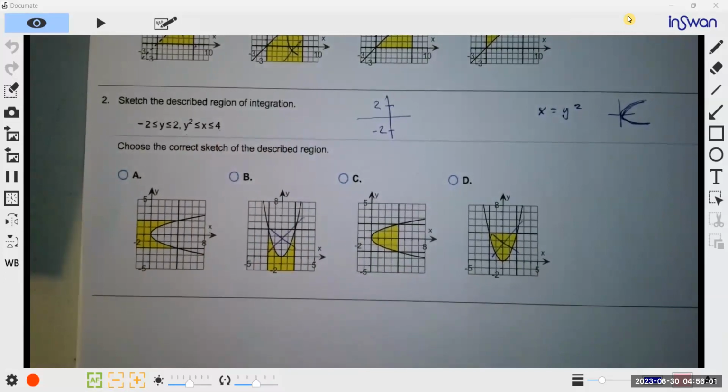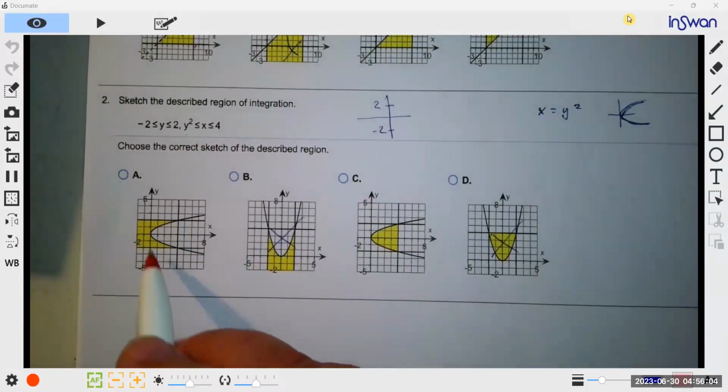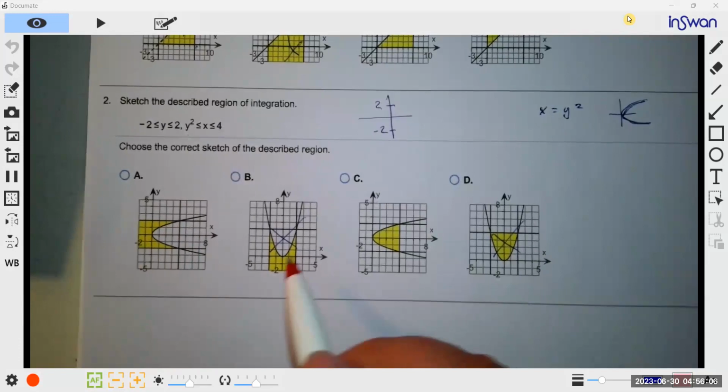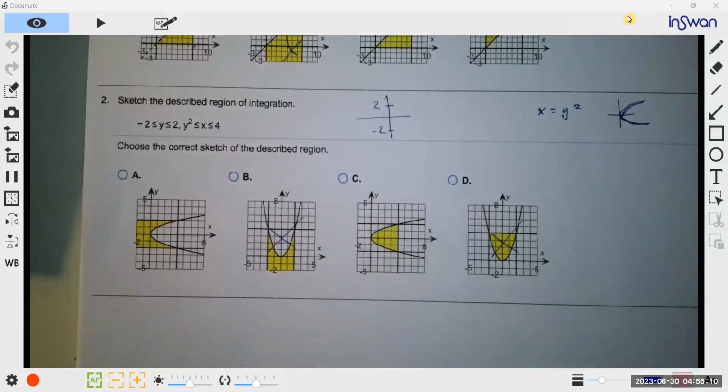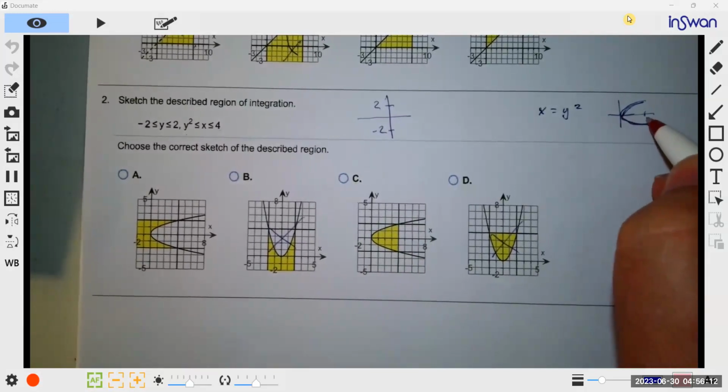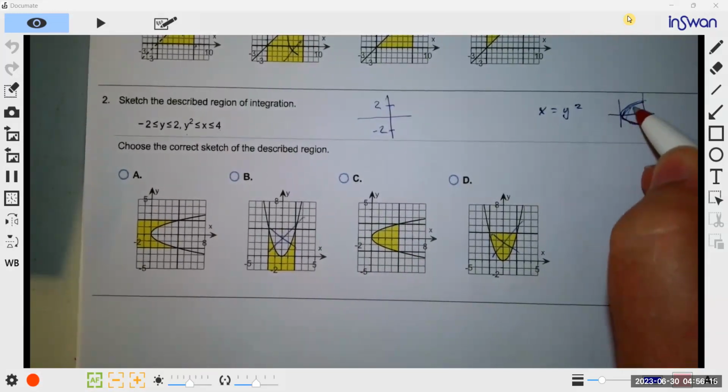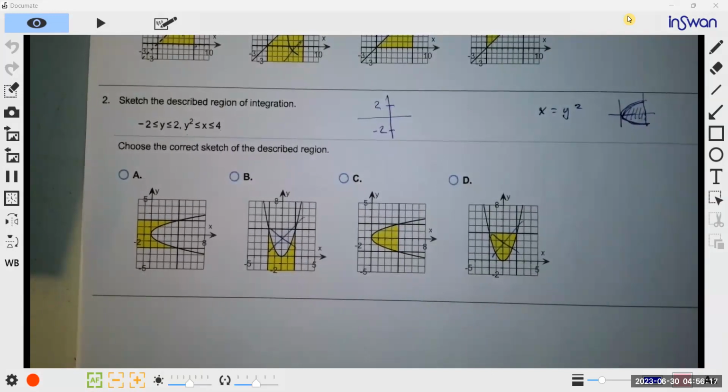So the highest it goes is 4. This one stops at 4. That's good. This one stops at 4. And we're looking for the bounded region.